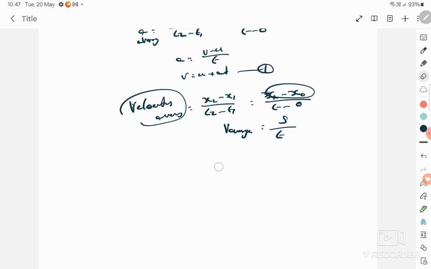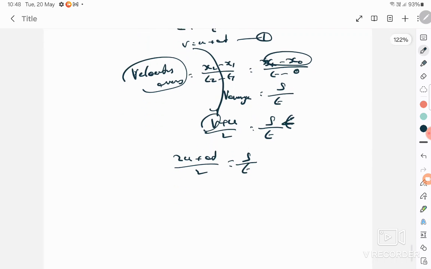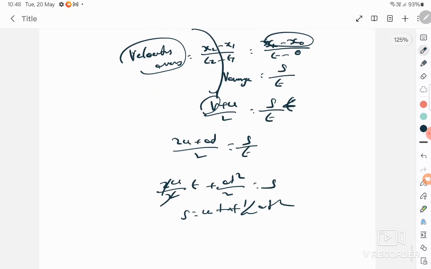You can also write it as v plus u by 2 is equal to s by t. Then you write v as u plus at. You get 2u plus at by 2 is equal to s by t. Now take the t to the other side: 2u by 2 into t plus at square by 2 is equal to s. So thus you get ut plus half at square. So this is the second equation of motion.